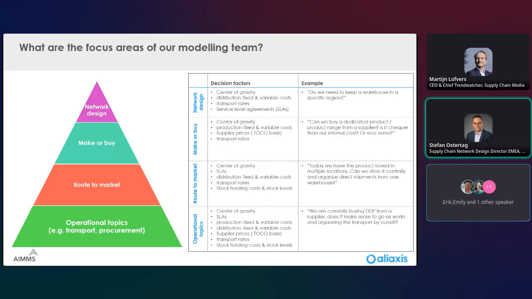We model the center of gravity, we take into account our service level agreements with the customer, all kinds of cost factors from distribution fixed to variable cost, the transport rates from our providers, plus obviously the stock holding cost, because stock holding cost is a vital part of the full equation.